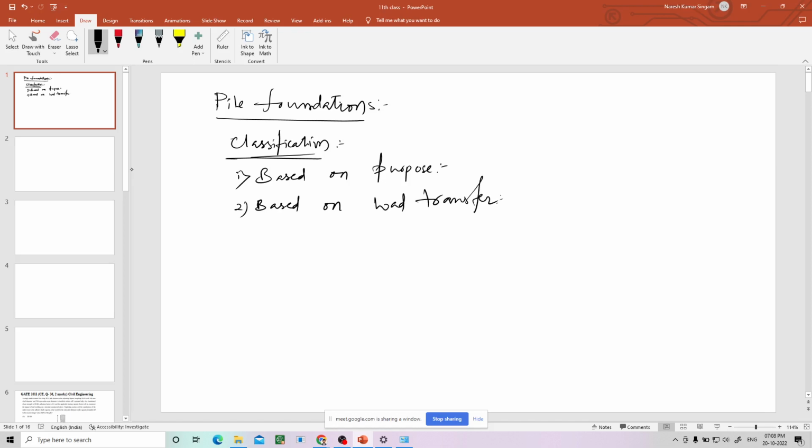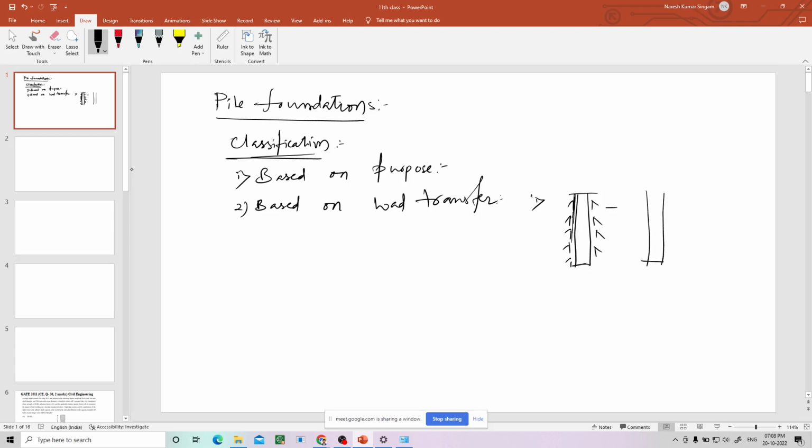Load transfer, I discussed about frictional piles and end bearing piles, and frictional cum end bearing piles both. The pile which takes load by resisting the load around the pile surface is called a frictional pile.